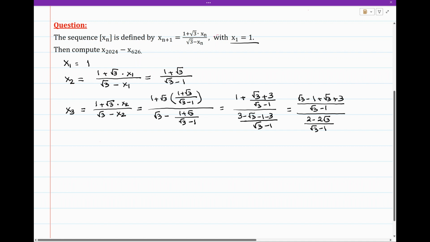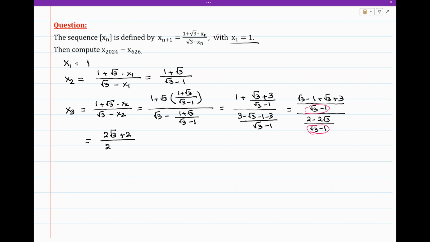We see that square root of 3 minus 1 occurs both in the denominator and the numerator. Therefore, we can cancel it, and we get x2 is equal to, now at the top it will become 2 square root of 3 plus 2 whole divided by 2 minus 2 square root of 3.